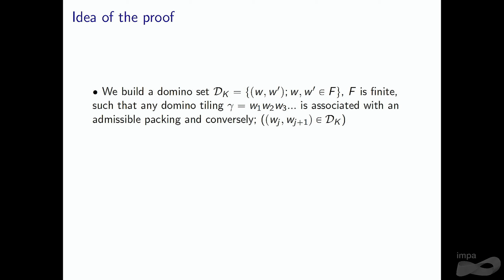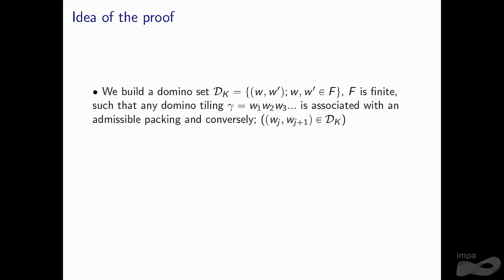So we built a domino set. I call it D_K. It's a set of ordered pairs. The faces of the domino, we call the domino pieces. They belong to a finite set. And it is in such a way that if you consider any domino tiling, which is an infinite sequence W1, W2, W3, and here it is understood that for consecutive elements, (Wj, Wj+1) is a piece of your domino set.